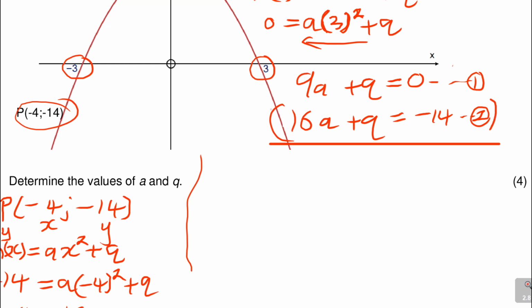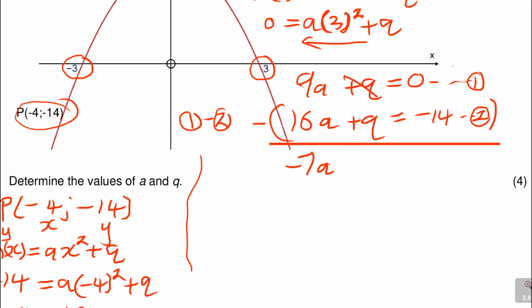What am I subtracting? 1 minus 2. See that? So I just put minus here. So 9a minus 16, what is it, guys? 9 minus 16 is 9, 10, 11, 12, 13, 14, 15, 16. It's 7a, but it's negative. Am I right? So 9 minus 16 is equal to that.